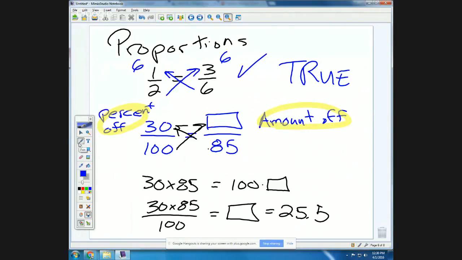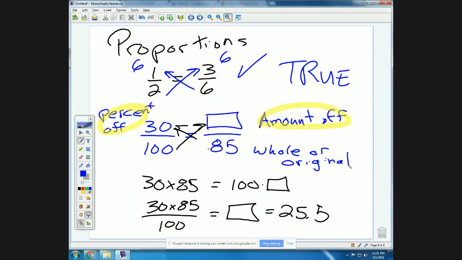So whole or original. And the main reason I do that is just to remind myself, am I putting things in the right spot? Because every once in a while I throw a number in the wrong place and all hell breaks loose. So it's just little note reminders to me to make sure I'm doing my work right, especially if I look back at it later, so it'll make more sense to me. So that's always a good idea.